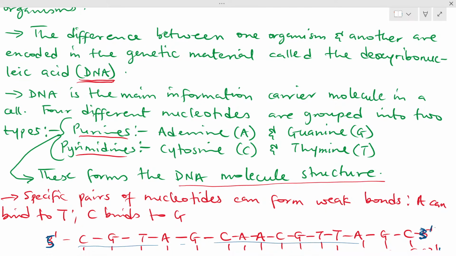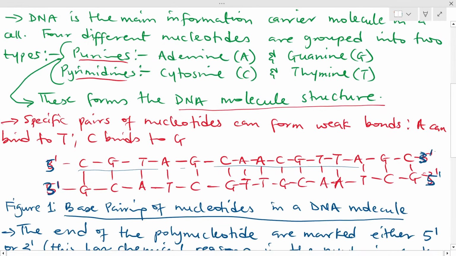And these purines and pyrimidines actually form the DNA molecule structure. That is also very important to note.